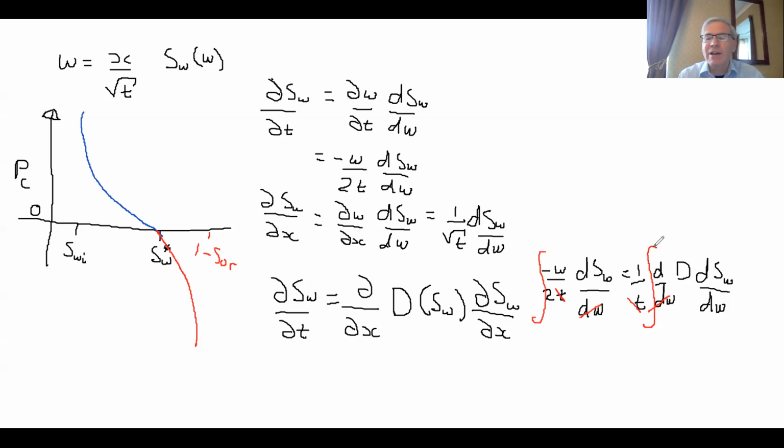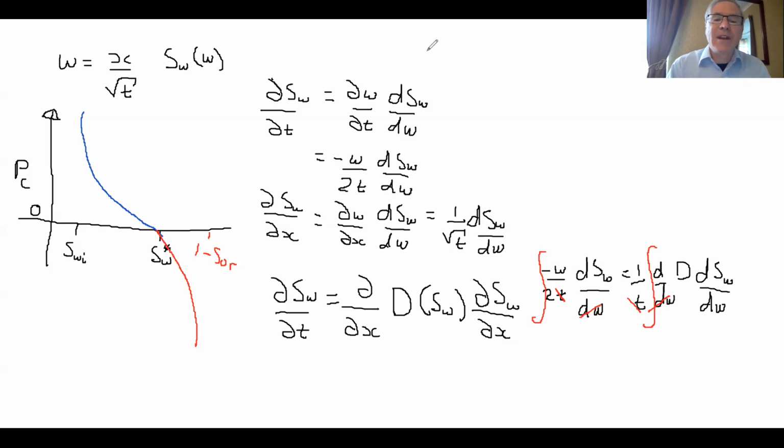If I integrate here, this is d, little d, big D dS by dw, so the integral of that is just what I have there, just by definition, because this is d of all of that. And then I've just got this minus w dS by dw, so I've got that integral.